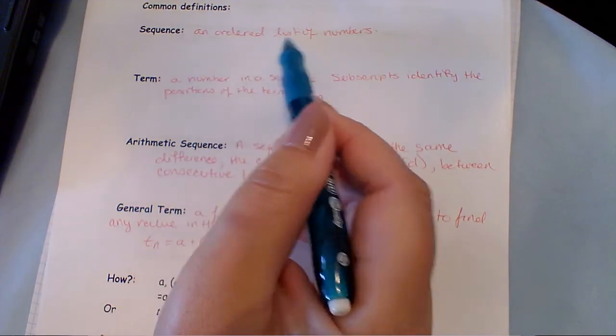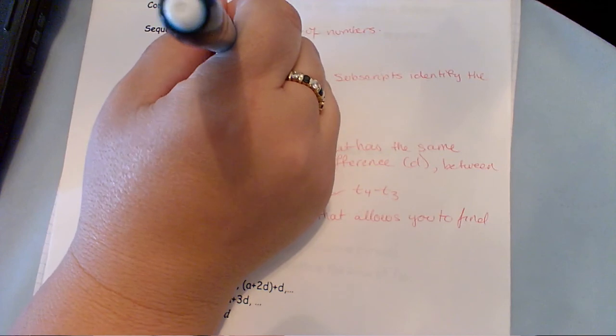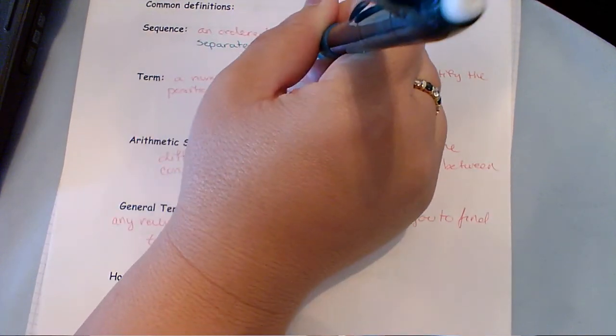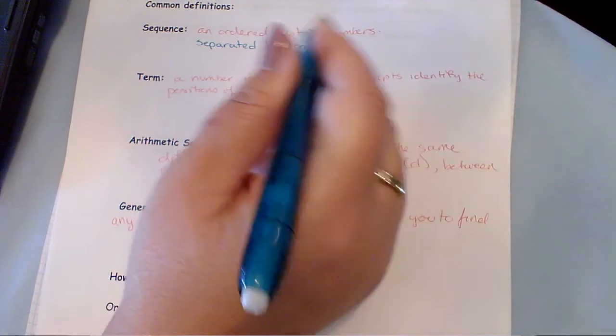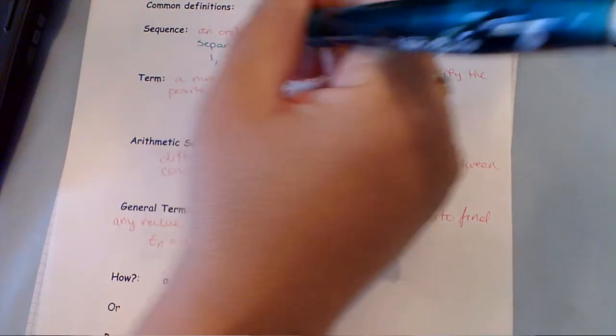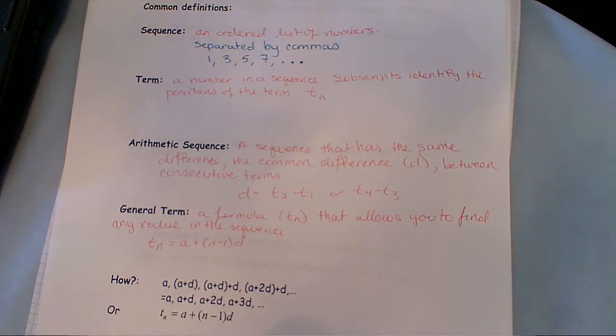A sequence is just a list of numbers separated by commas. And there's usually some kind of pattern to them. So ours was 1, 3, 5, 7, and then we go dot, dot, dot when it keeps going and we don't know when it finishes.